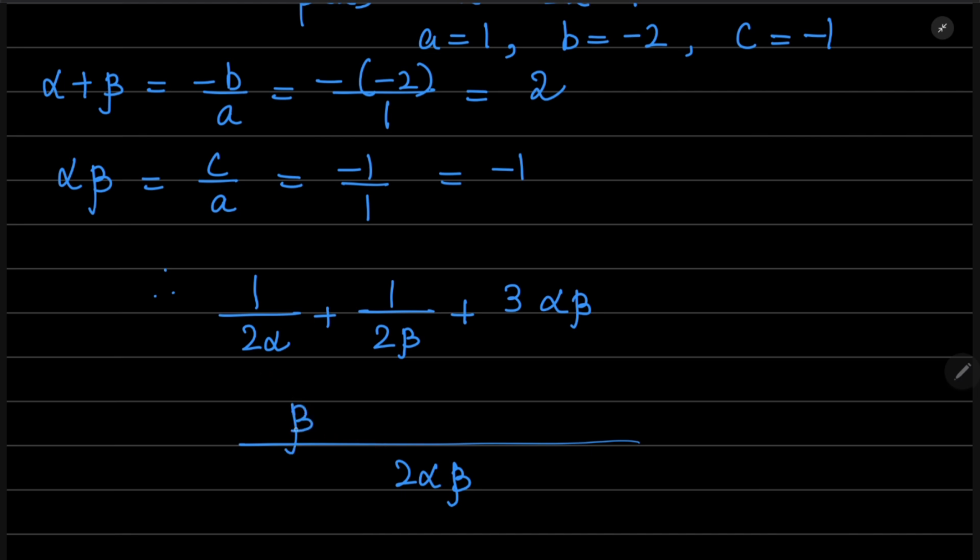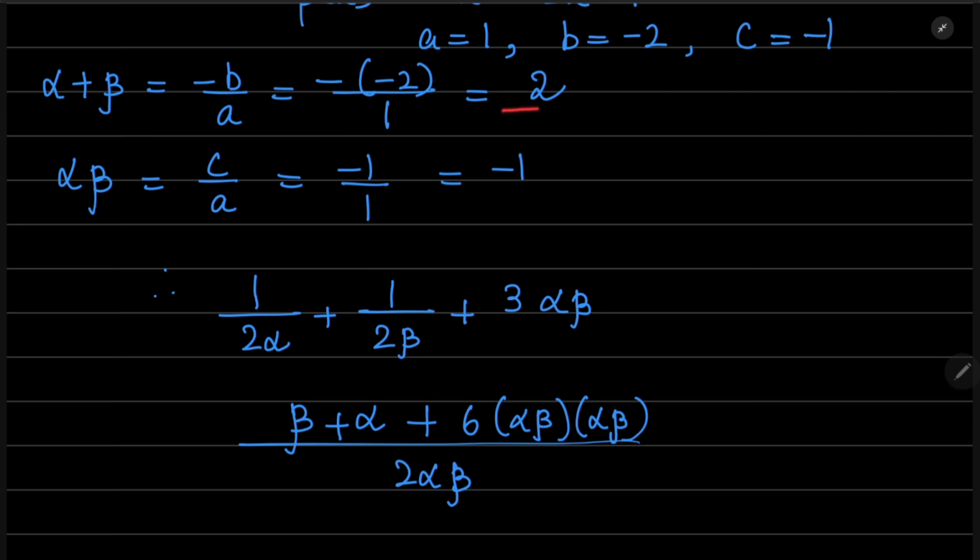Beta into 1 is beta, plus 2 beta into what will give you 2 alpha beta? It's alpha. So alpha multiplied by 1 is alpha, plus 3 alpha beta divided by 1. So 1 into what will give you 2 alpha beta? It's 2 alpha beta. So 2 alpha beta into 3 alpha beta. 2 into 3 is 6, alpha beta into alpha beta. So everything is of the form alpha plus beta and alpha beta.